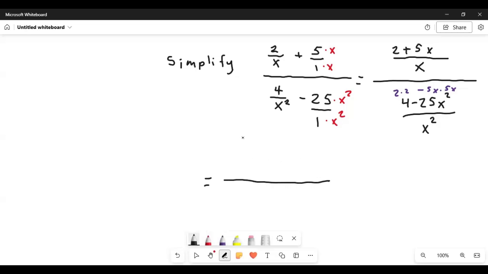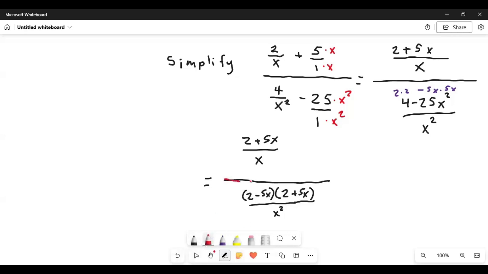So the top of the big fraction is going to stay the same. We can't do anything more there. But the top of the fraction on the bottom factors to be two parentheses. The first parentheses is 2 minus 5x, which is multiplied to the second parentheses 2 plus 5x using the difference of squares formula. The denominator stays the same as x squared.